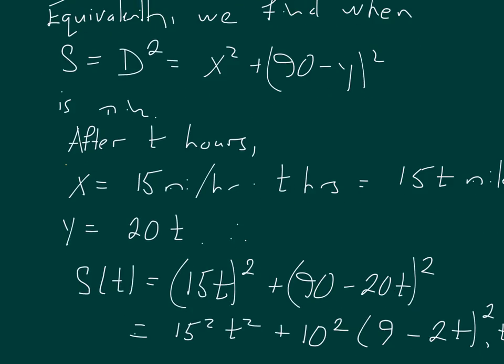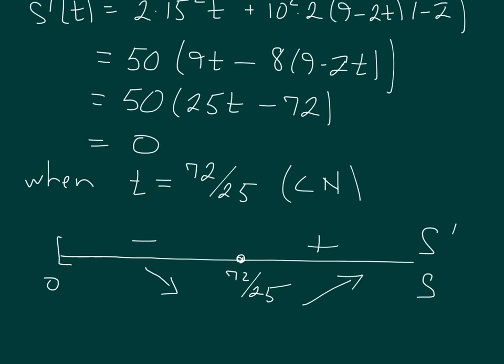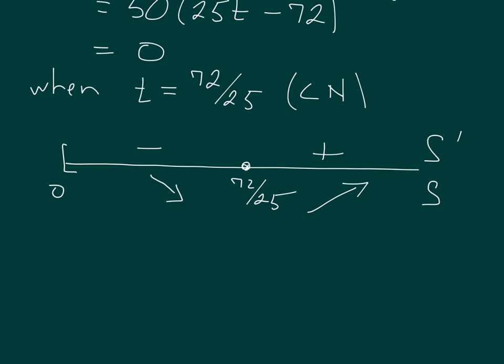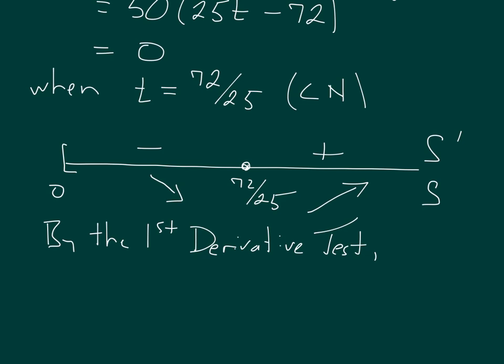So let's go down to the bottom and write a concluding statement. We can say that by the first derivative test, in other words, the above sign diagram, s is minimum, and therefore d is minimum.